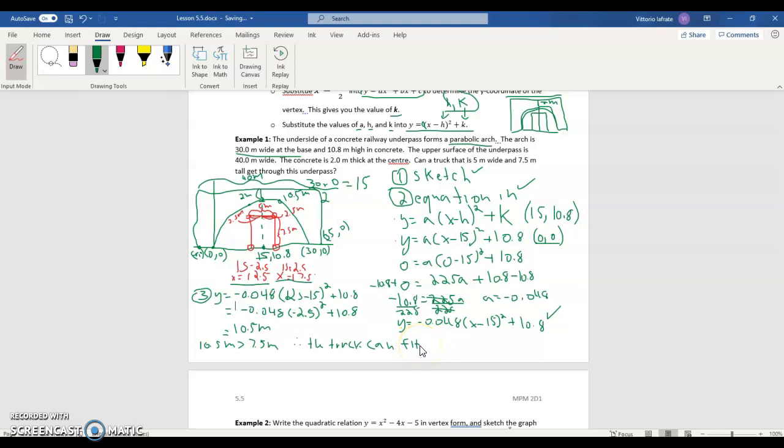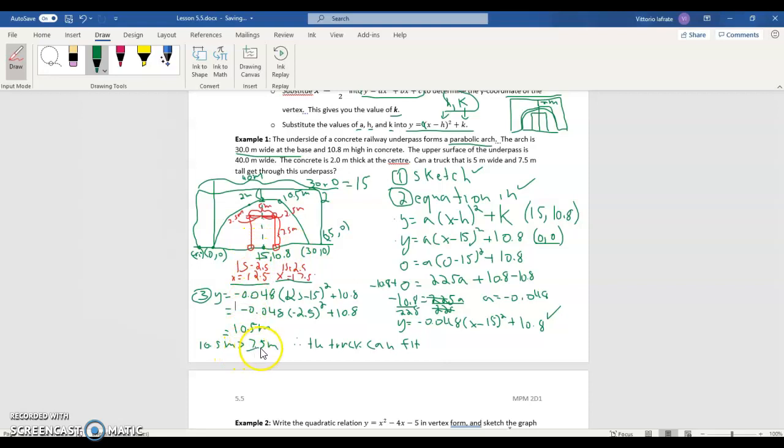So the goal here was to first find the equation for the parabola, and then after we find the equation for the parabola, our next step was to see if the truck could fit by finding what points along the parabola the truck would span based on the width information provided. We found the height that parabola would be at those points.